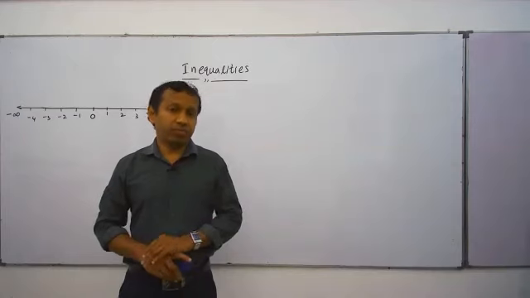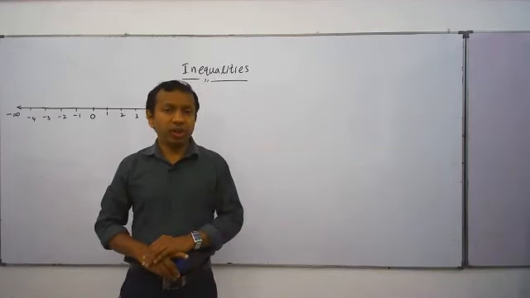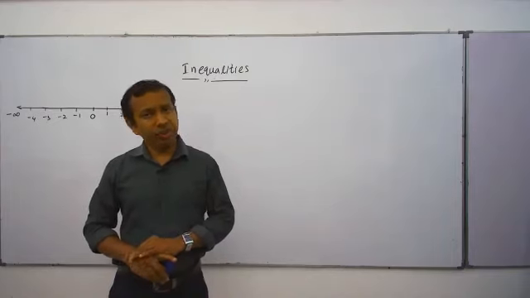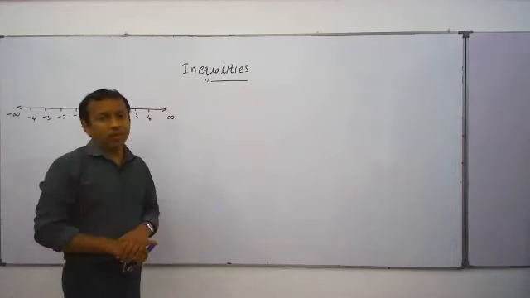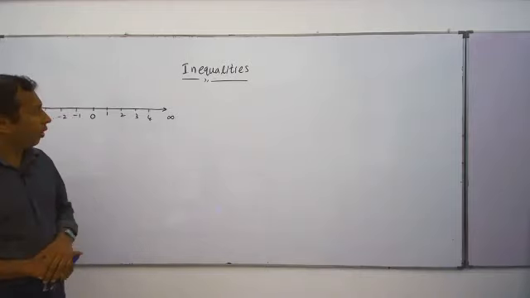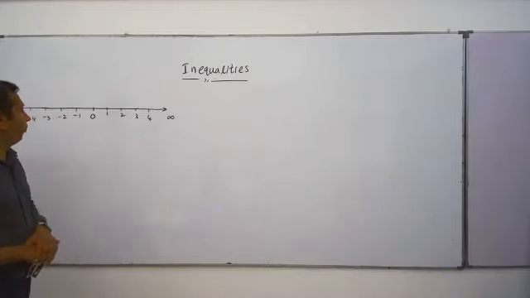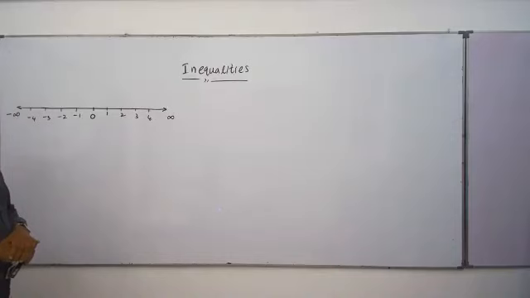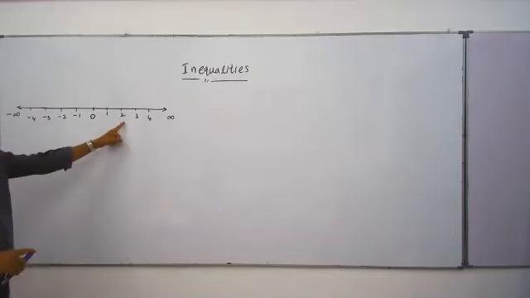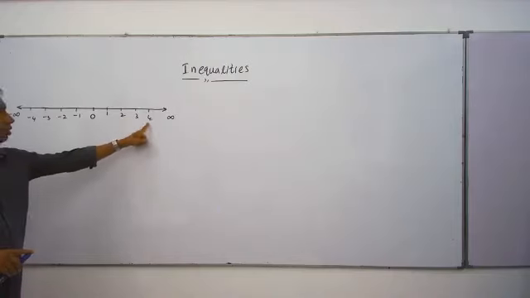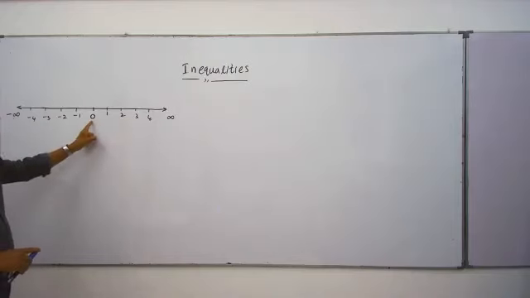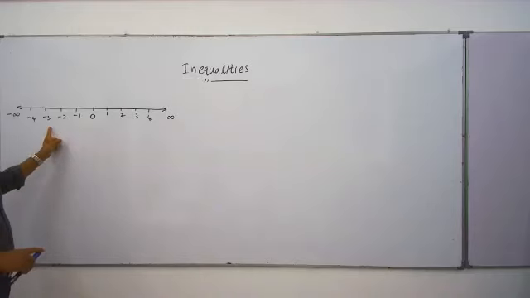They are not available on the number line, and therefore minus infinity and plus infinity are not real numbers. On the right hand side of 0, all the real numbers are positive. On the left hand side of 0, all the real numbers are negative.